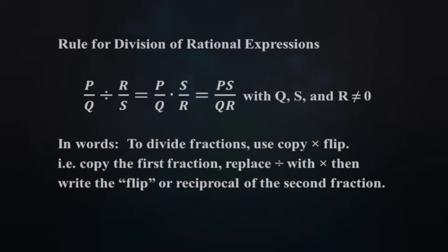So instead of R over S, we write S over R. And then we have a multiplication of two fractions, or two rational expressions.